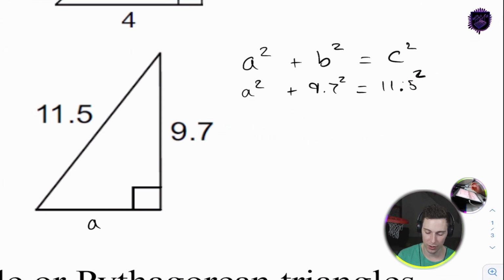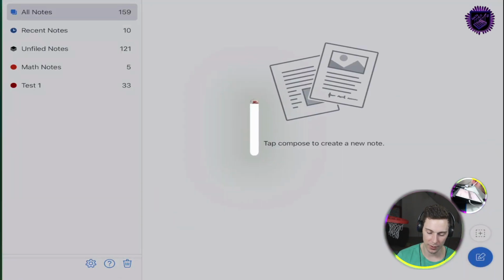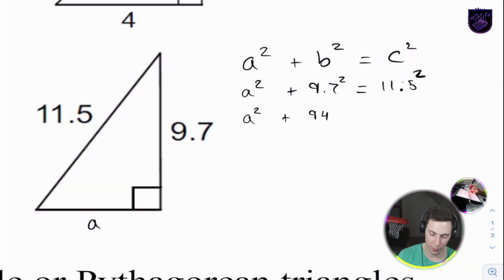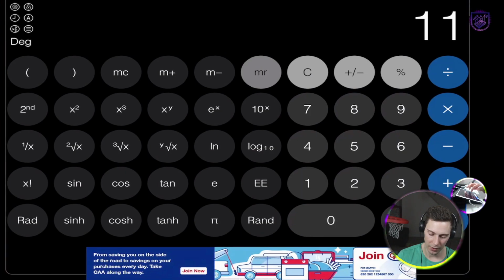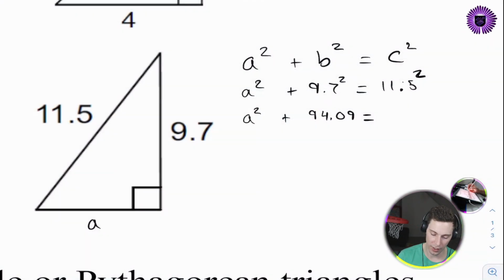So there's this relationship, and we can do that. A squared, we still don't know, but we're going to add 9.7 squared. 9.7 squared is 94.09. 94.09 is equal to 11.5 squared. 11.5 squared is 132.25.